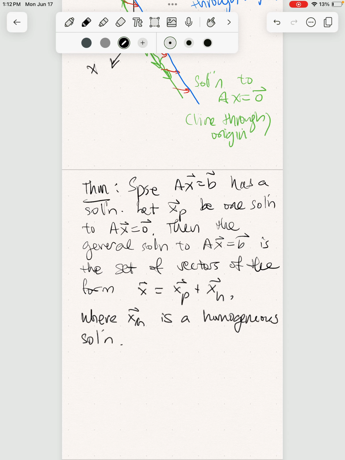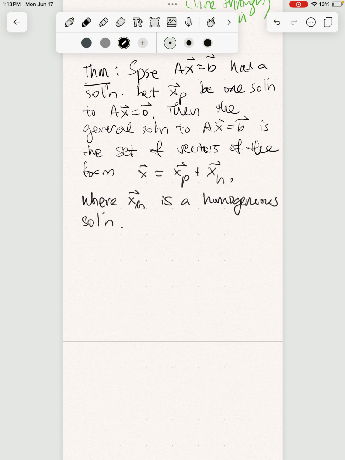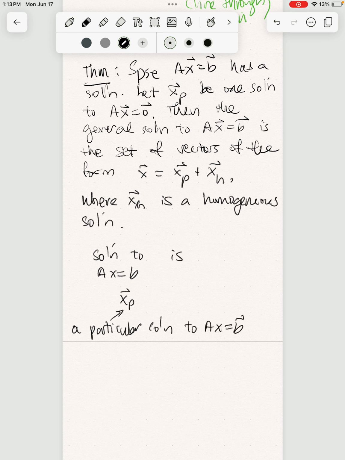So in other words, one way to think about this is that the general solution to Ax equals b is xp, so that's one solution or a particular solution to Ax equals b, plus all the vectors that are solutions to Ax equals 0. So it's the solution to Ax equals 0.